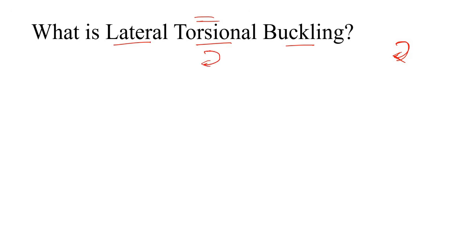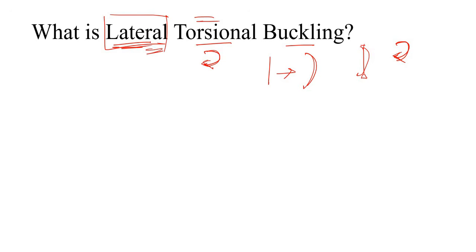Torsional means it is related to something twisting, and buckling means, if you are familiar with column buckling, this is a similar thing. Here also something will buckle. If this is something straight, then buckling means it's going to buckle like this, right? So a straight thing is going to buckle. And finally, the last one, but here as per the name, this is the first term, that is lateral.